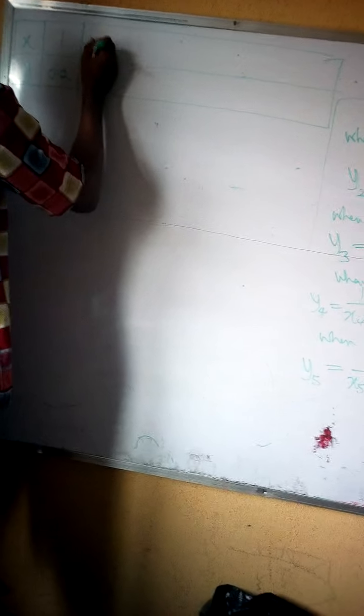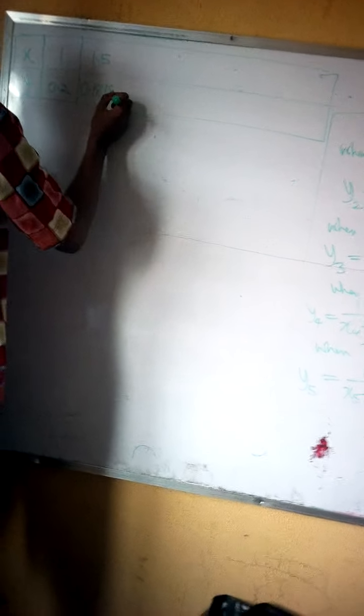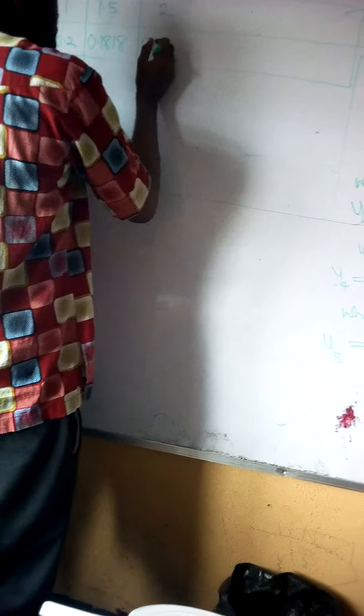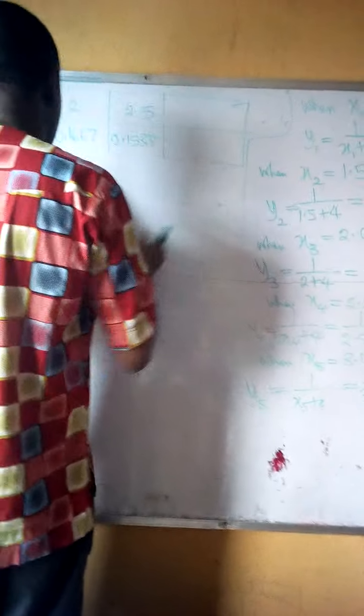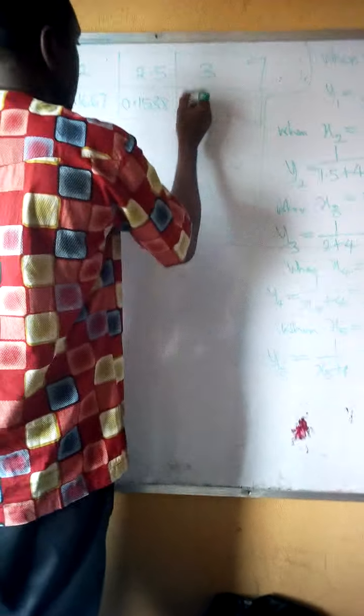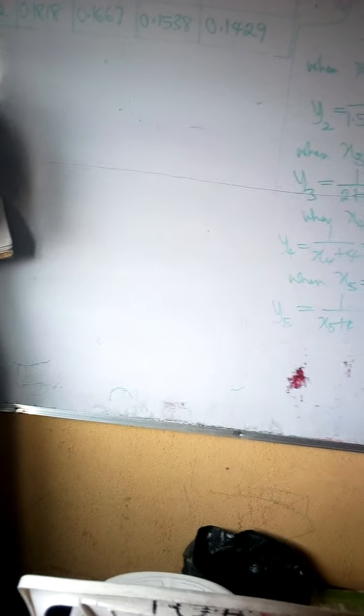When x is 1.5, y is 0.1818. When x is 2, y is 0.1667. When x is 2.5, y is 0.1538. When x is 3, y is 0.1429. So substitute into our formula.